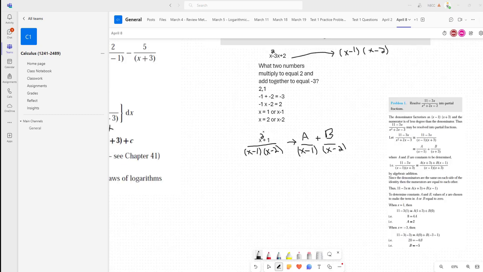Okay, so for the first step here, what we have is x squared plus 1 over top of x minus 1, x minus 2. All right, then we're going to set up an equation, basically A over x minus 1 plus B over x minus 2. So this is like the very first example that we did, 11 minus 3x over x squared plus 2x minus 3. We found out how to factorize these, and then we set up this equation, A over this and B over this.